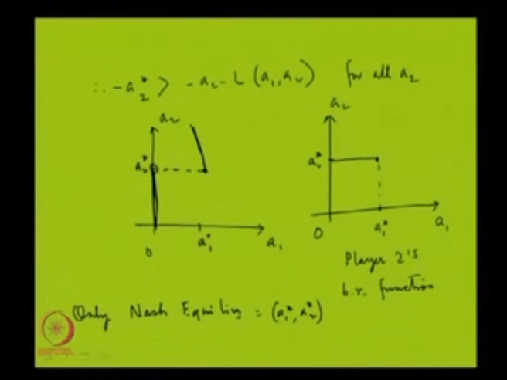Otherwise, there is no meeting point, because this point is not included here. However, this point is included here. After this, it can take any shape, I am not concerned. So, we have proved the uniqueness and the fact that A1 star and A2 star is a Nash equilibrium.